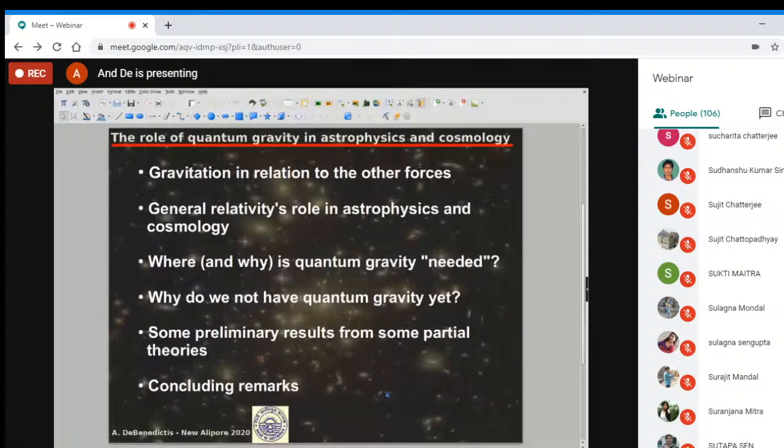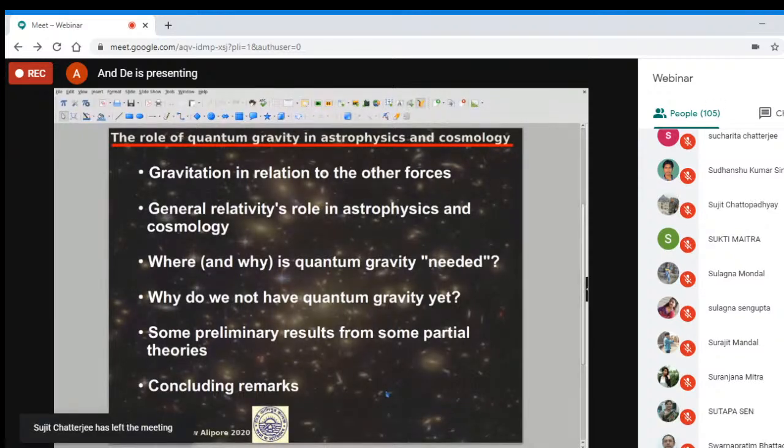He is a specialist in quantum and classical gravity, mathematical aspects of field theories, and quantum field theory. He authored many research papers, review articles, book chapters, and he also wrote a book on quantum field theory. The title of his talk is The Role of Quantum Gravity in Astrophysics and Cosmology. Without further ado, I invite Andrew to deliver his talk.